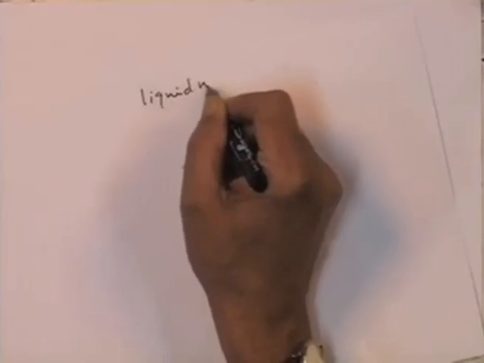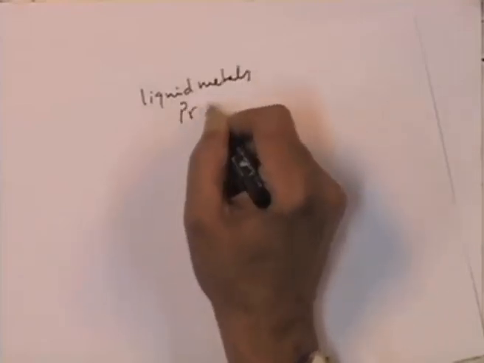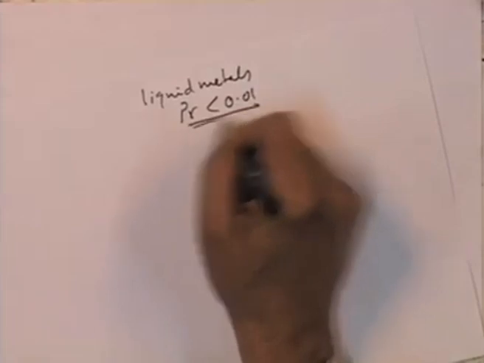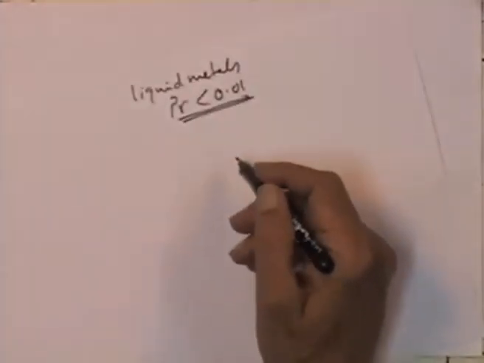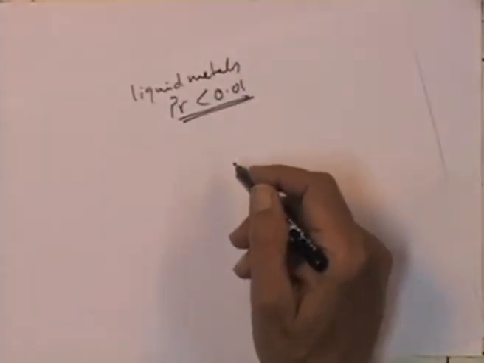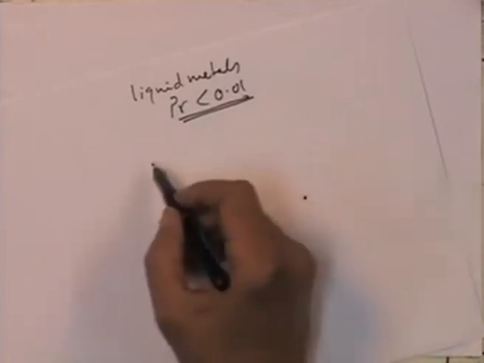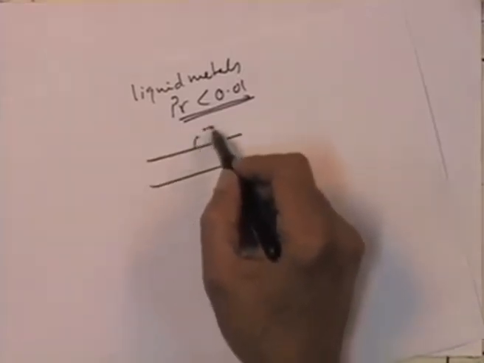I now consider the case of liquid metals when Prandtl number is very small. As you will recall, for liquid metal the Prandtl number is usually less than 0.01, and therefore, the axial conduction term which we have been neglecting so far becomes important, particularly when the wall temperature is constant.